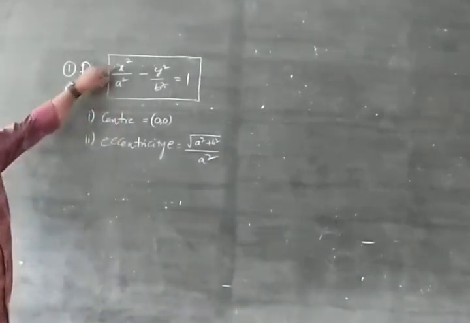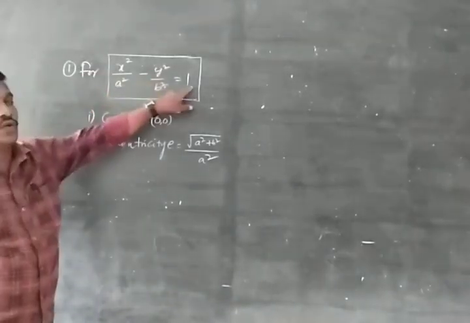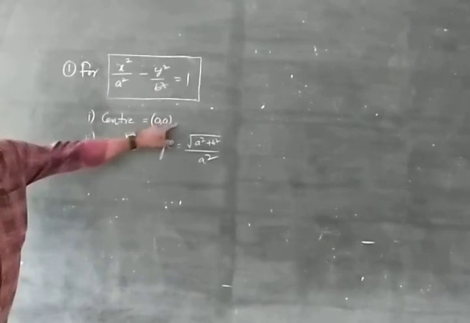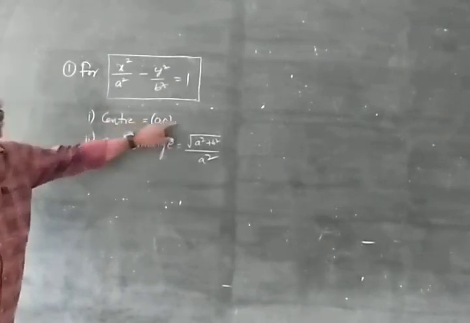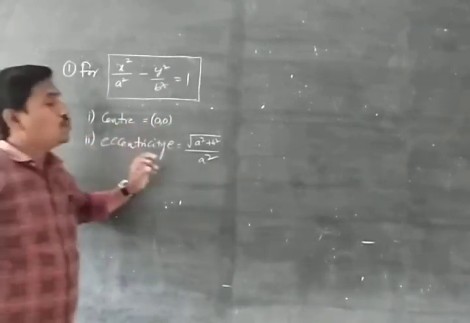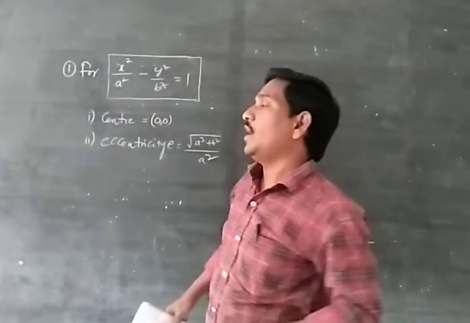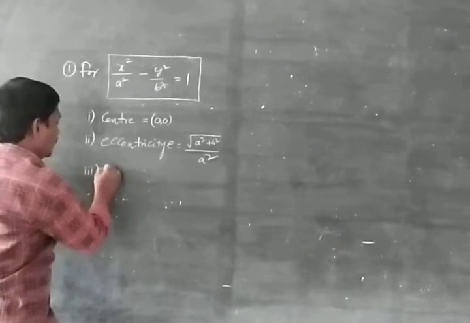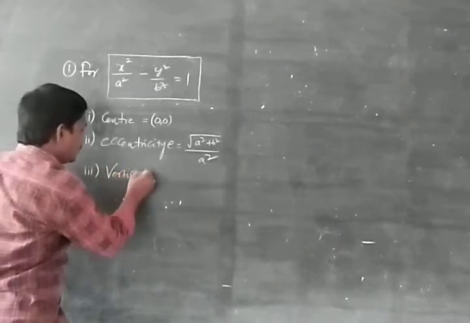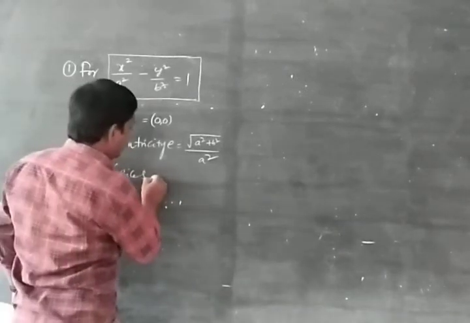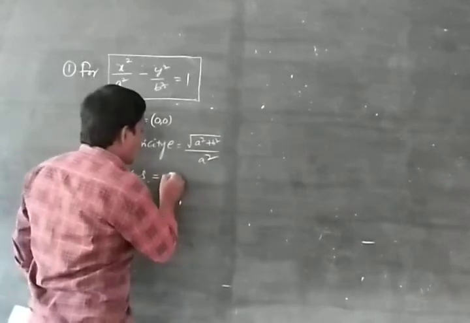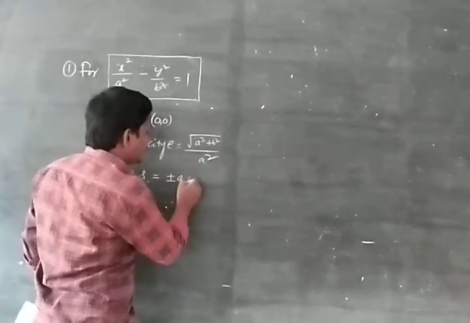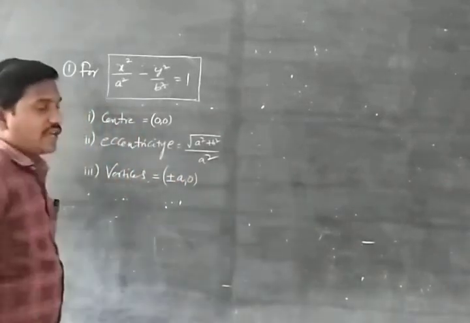So for x square by a square minus y square by b square equal to 1, center O is 0, comma 0. Eccentricity equal to root of a square plus b square by a square. Then vertices equal to plus or minus a comma 0.